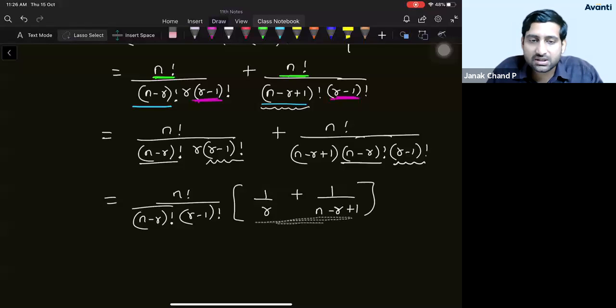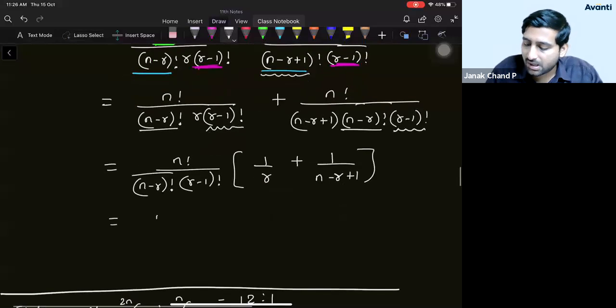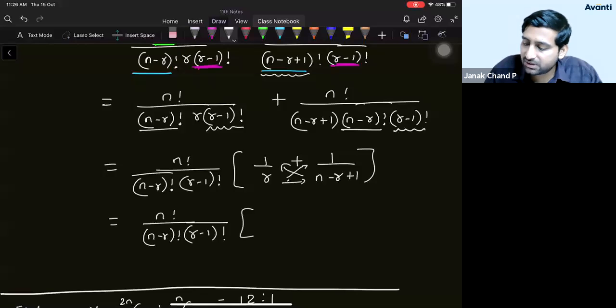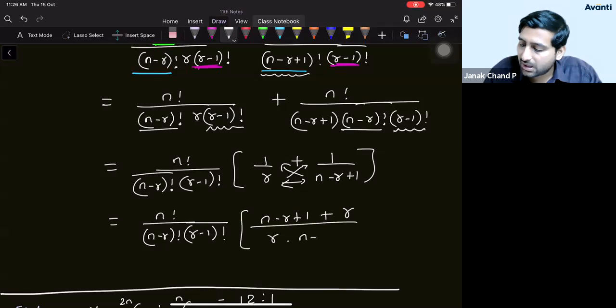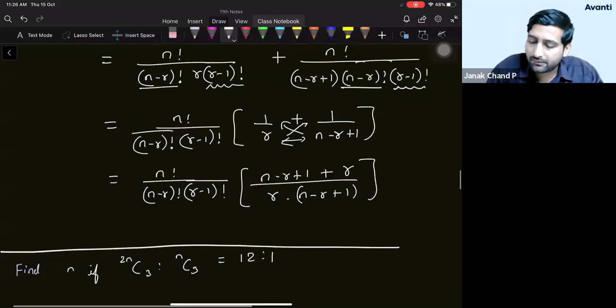Just do the simplification of this, students. Just do the cross multiplication. You would get n factorial by n minus r factorial into r minus 1 factorial. Take the LCM, cross multiply, and then multiply with each other. So this will be n minus r plus 1 plus r, and in the denominator you will have r into n minus r plus 1. Okay, fine.